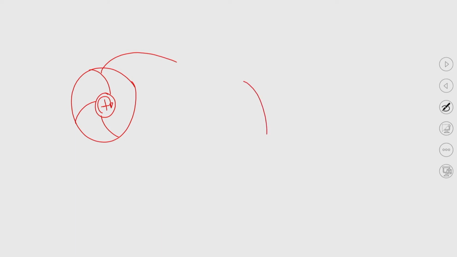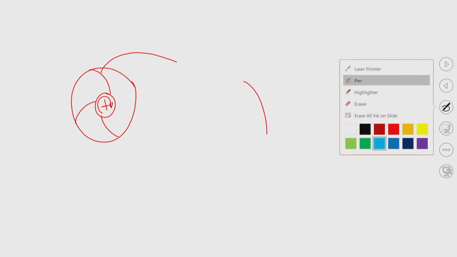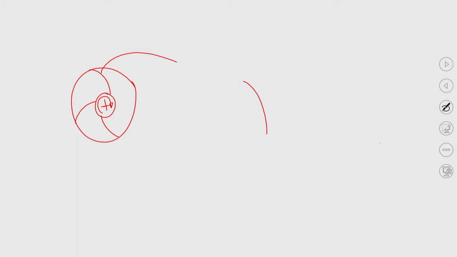So, I will now be drawing the velocity triangle using a different color again. So, this is U2 and this is CR2.